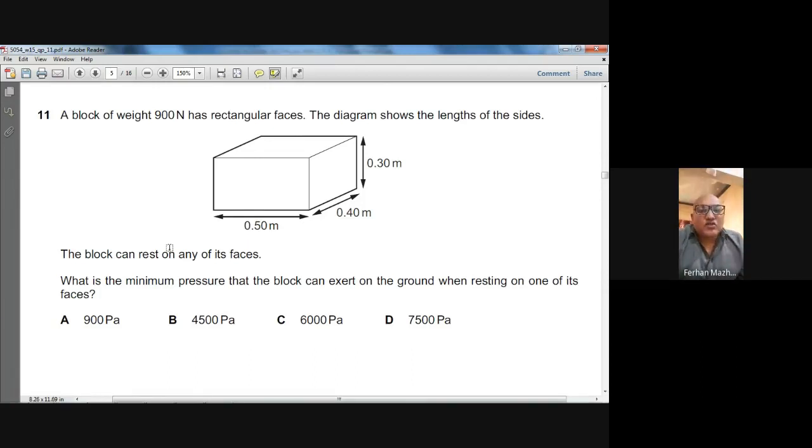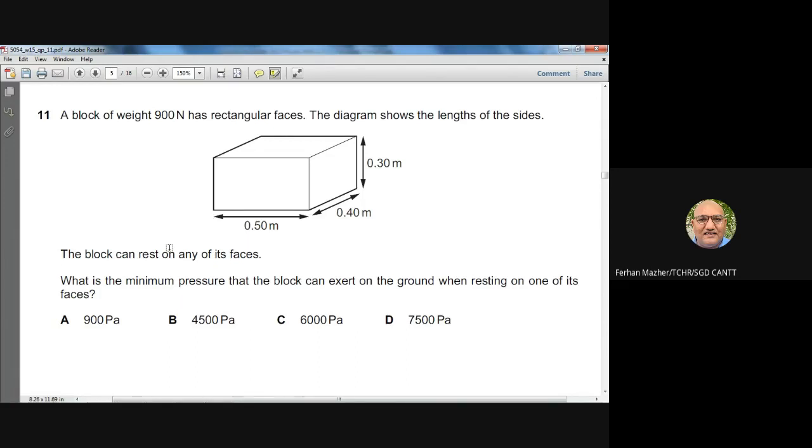You know the pressure is equal to weight divided by contact area. Whether you put the block like this, or like this, on whatever face you put it on the ground, the weight will remain the same.